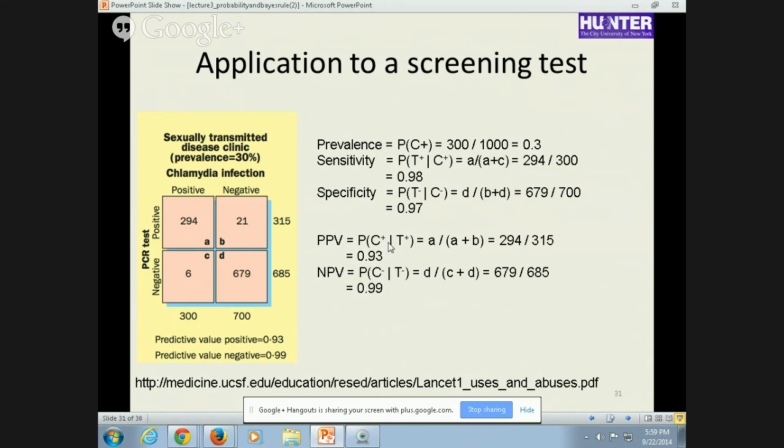Note that you can calculate the PPV and NPV directly from numbers in the table, but you can also calculate them from these three numbers using Bayes' rule. You'll get lots of practice with this in the lab. I've also uploaded to Blackboard a little Bayes' rule calculator, a spreadsheet shortcut that you can check out as well.